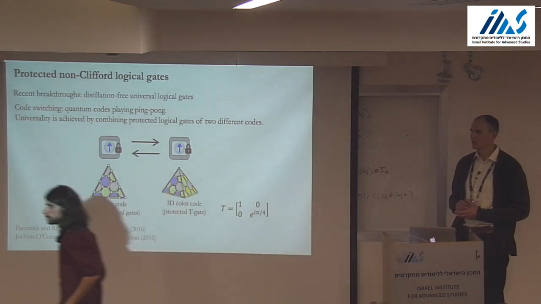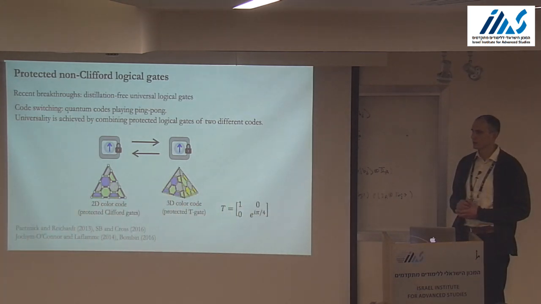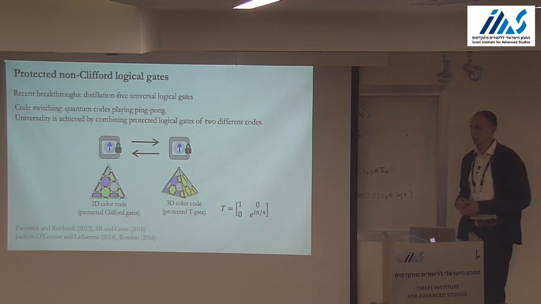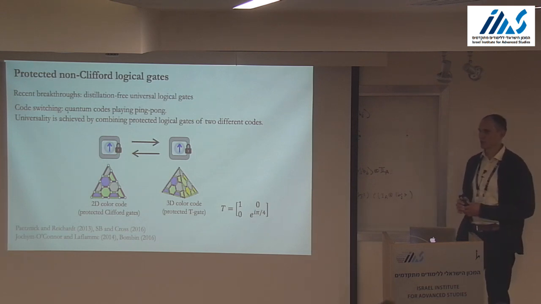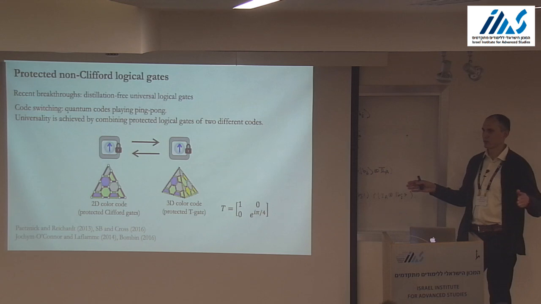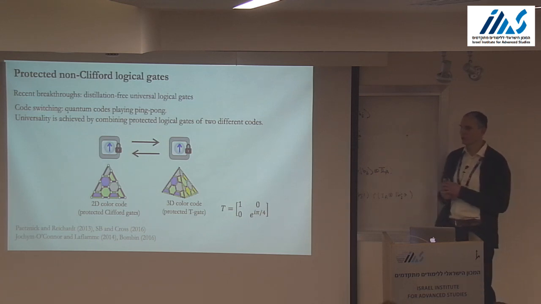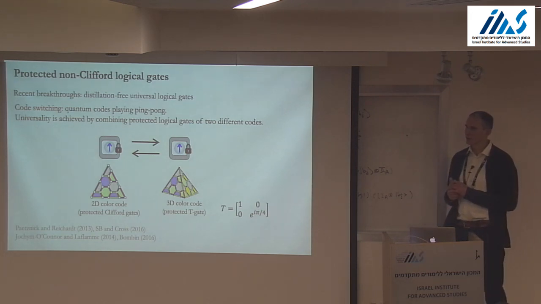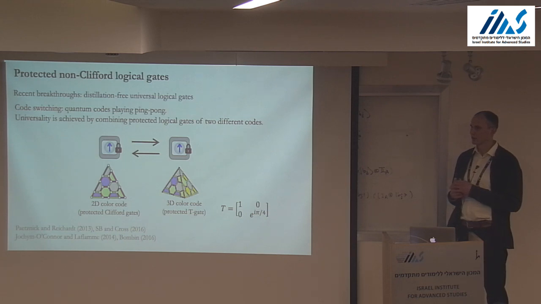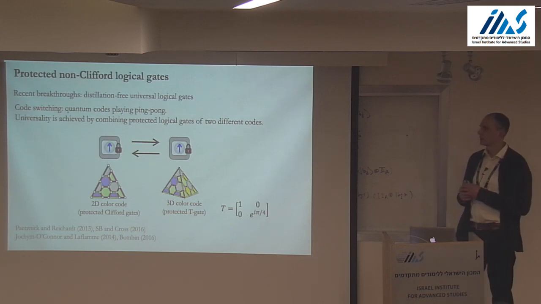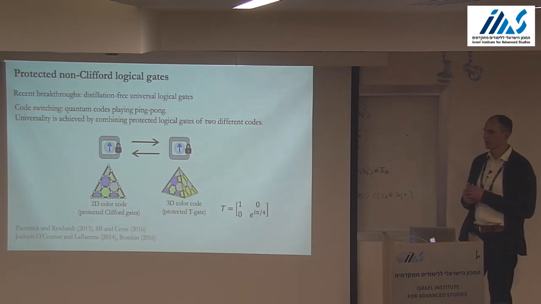So if your code is LDPC, then you are not worried about this protection? Yes, this is a nice property of LDPC codes, that it's sufficient to have a large code distance, and it guarantees that we have a non-zero error threshold. So what are people trying to do: design codes which are LDPC, or design general codes and protect them in some way?